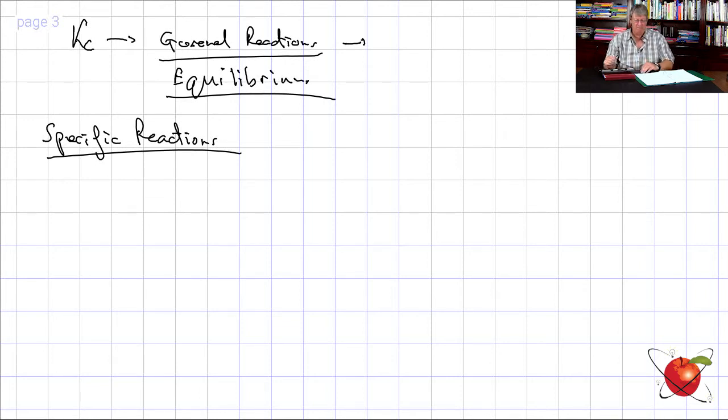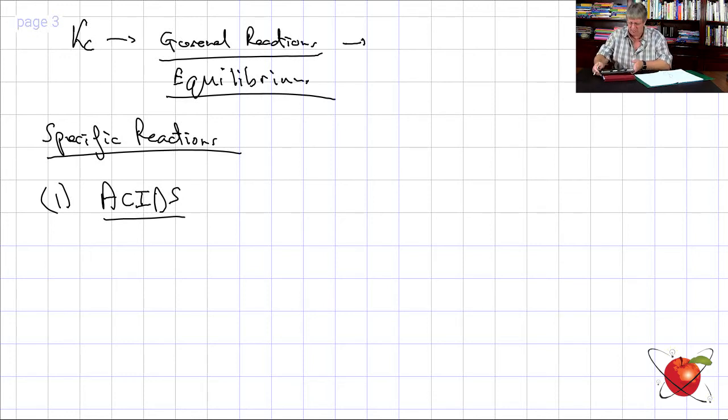I mentioned earlier that, specific reaction number one, let's look at acids, right? Because we're looking at the stuff that we've been working with for the last years, and acids and bases are a big portion of our work. So let's have a look at acids now.